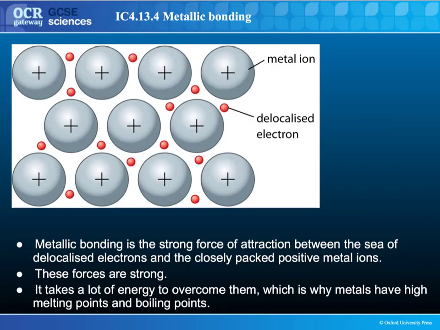Because of this, generally speaking, although there are a couple of notable exceptions, metals have really high melting points and really high boiling points. Because of the strong bonds, they also tend to be a very strong material, extremely hard, but also have a certain amount of flexibility. They can be bent out of shape and will maintain those shapes.